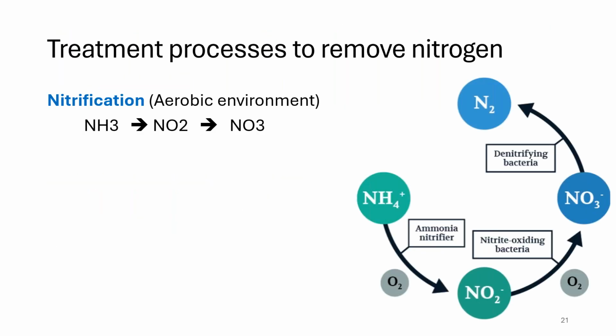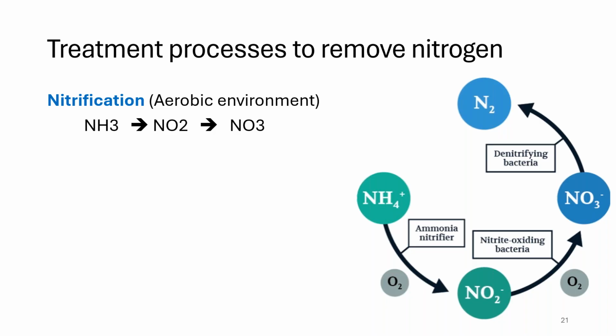So nitrification, as I just mentioned, occurs in an aerobic environment, and this is occurring in a regular unmodified activated sludge plant as well. We're converting ammonia, NH3, to nitrate.